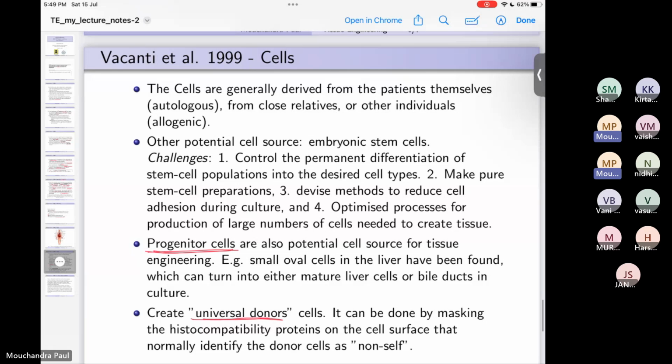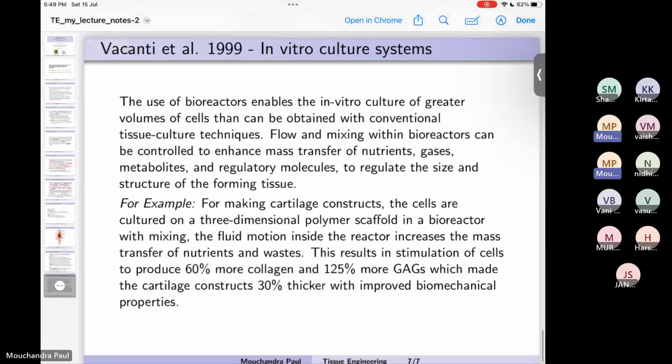So this is a discussion on cells. Another sub area that we need to focus on is optimizing our in vitro culture systems. You need cells, and to get cells, you need to culture them first. So how would you culture them? At lab scale, it is easy. You need a limited amount of media and different reagents, but the cell number that you will get is too low, and that is not sufficient if you are working at large scale, like in a factory kind of setting.